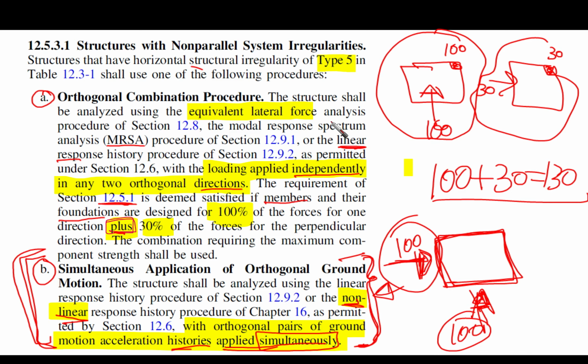However, in the equivalent lateral force resisting system, if it's applied with seismic design category C and type 5 irregularity, in this case we are going to apply 130% independently, but the force is going to be added together.